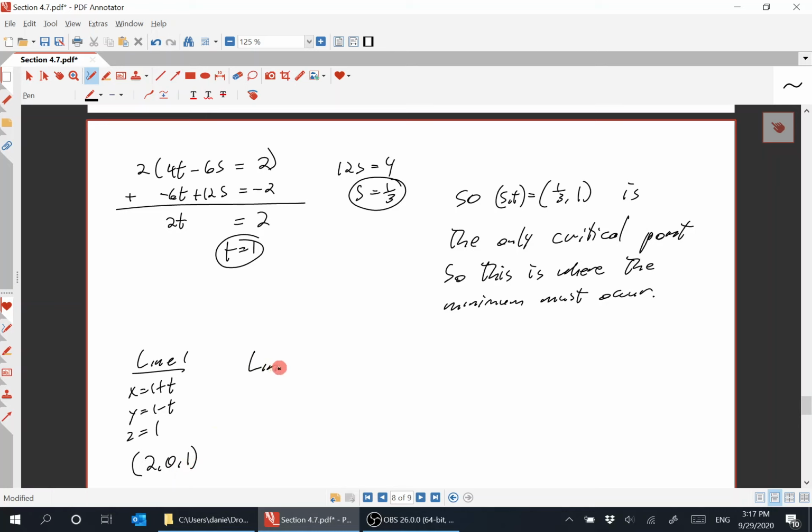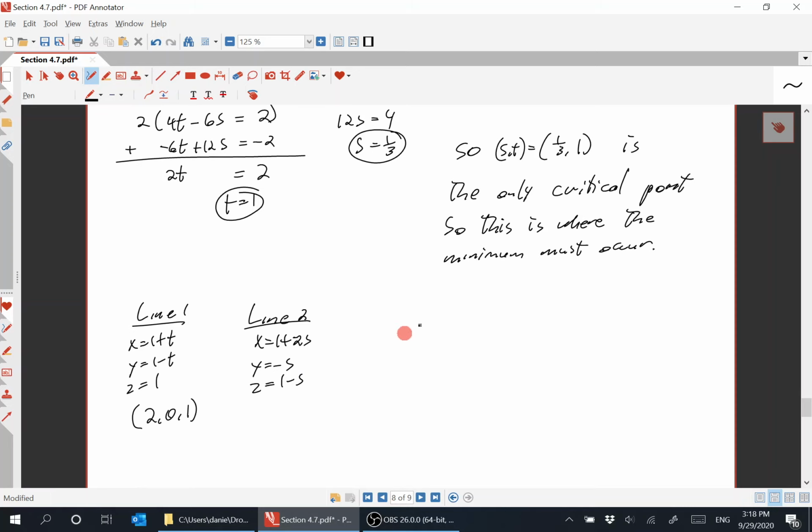And on line 2, where we had x equals 1 plus 2s, y is equal to minus s, and z is equal to 1 minus s, at s = 1/3, we have the point 1 plus 2/3 is 5/3, and then minus 1/3, and then 1 minus 1/3 is 2/3. So these are the 2 points that are closest together.